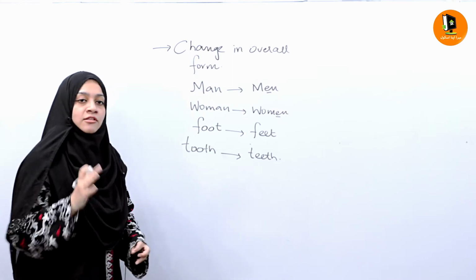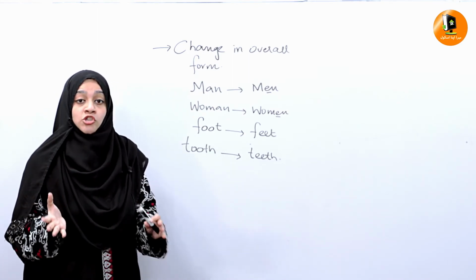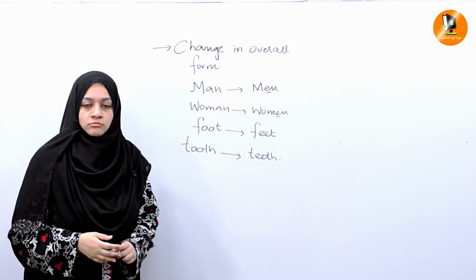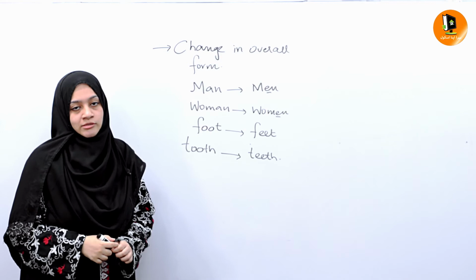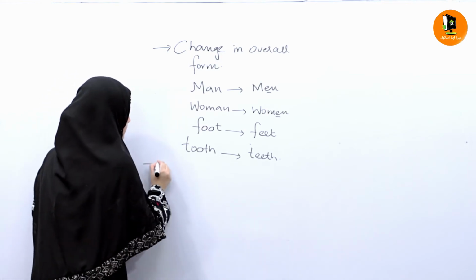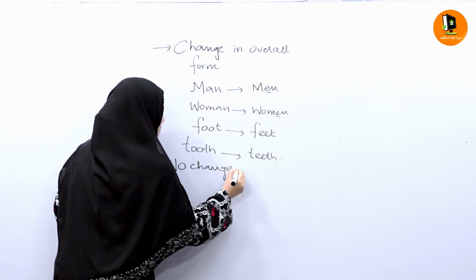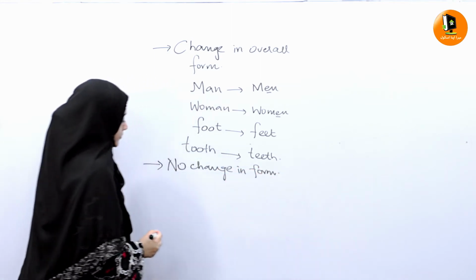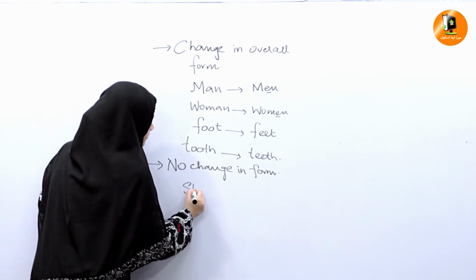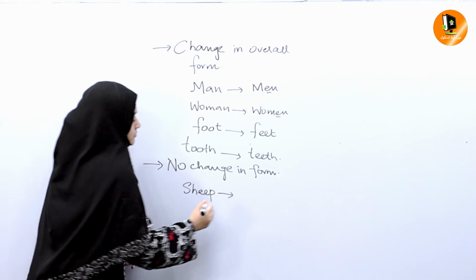Now there is another interesting aspect in which we do not change the word at all. The same word can be used in both singular and plural aspects. Let's see some examples. No change in form. Sheep remains sheep.